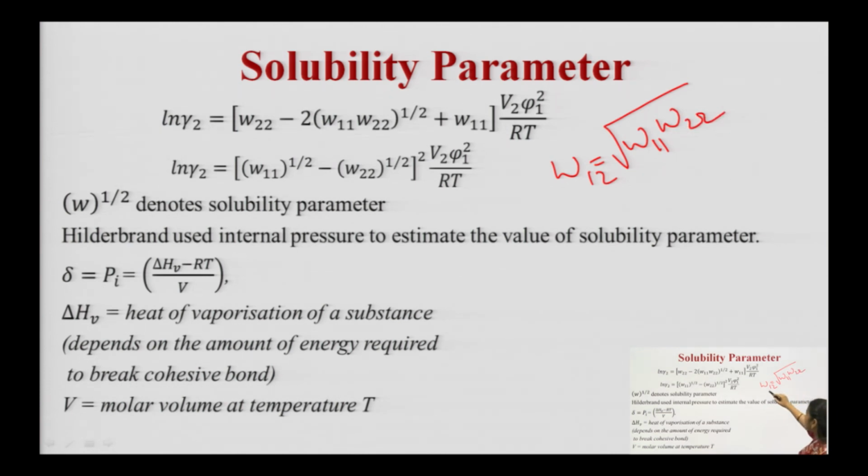So in place of W12 we can write the square root of W11 multiplied by W22.